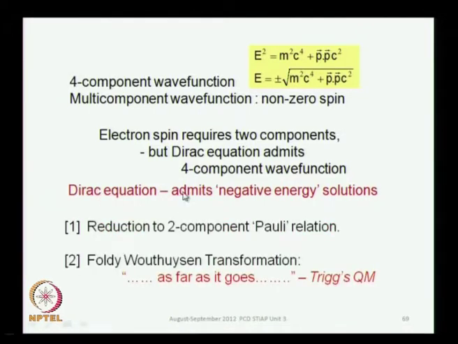The procedure to go over to the 2 component Pauli equation is what I will discuss today, and I will also begin a discussion on the Foldy-Wouthuysen transformations as we go along, which is a much more rigorous and correct way of doing it. Nevertheless, it is also approximate, and it goes as far as it goes, as Strickland tells us in his book.